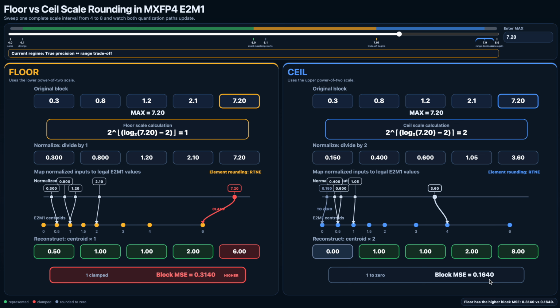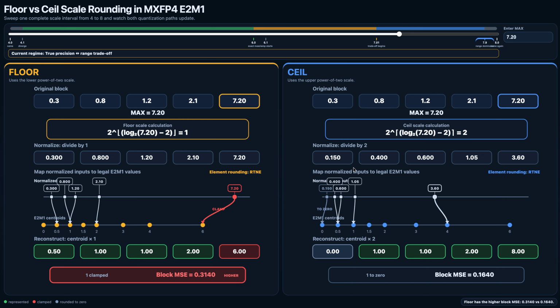Why is that? Here, because we took ceiling on log 2 of 7.2 minus the bias, I got a scale of 2, and when I normalize all those numbers, they get halved. So 0.3 becomes 0.15, 0.8 becomes 0.4, and the max gets halved to 3.6.